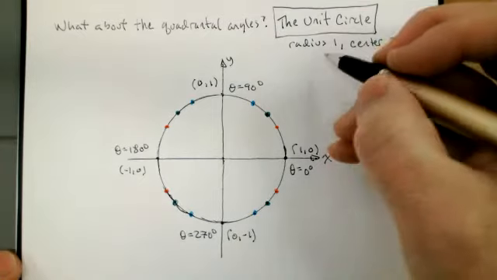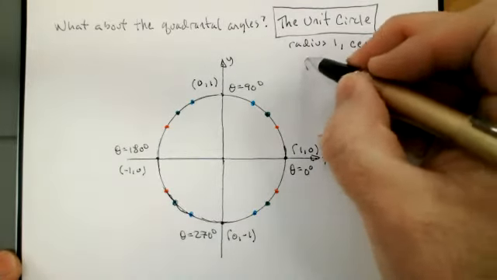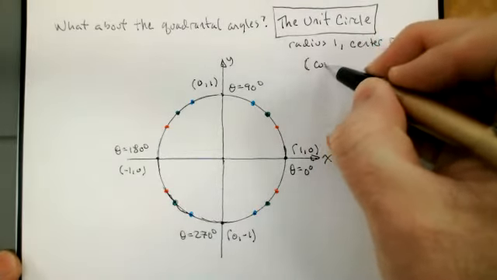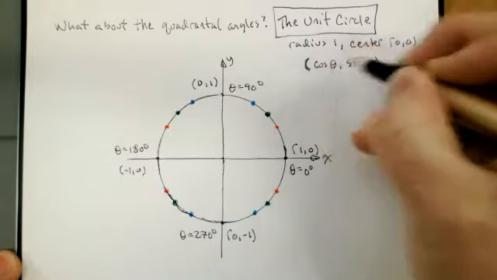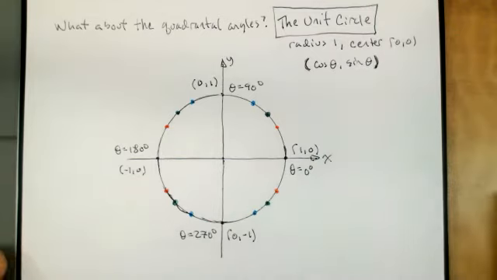So the coordinates will be cosine theta, sine theta. The x coordinate is the cosine of theta, the y coordinate is the sine of theta.